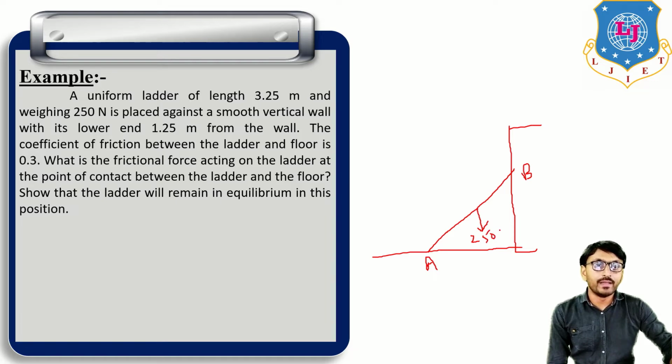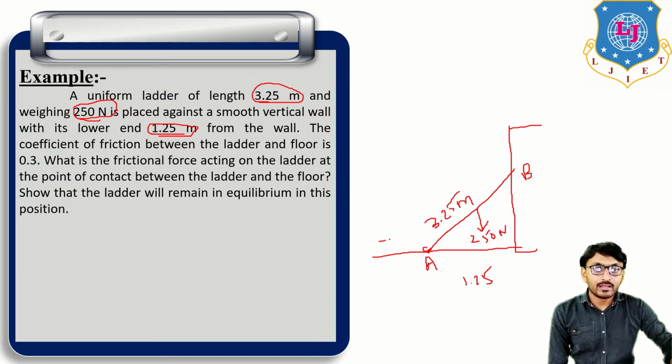The length of the ladder is 3.25 meter, and the distance of point A from the vertical wall is given as 1.25 meter.